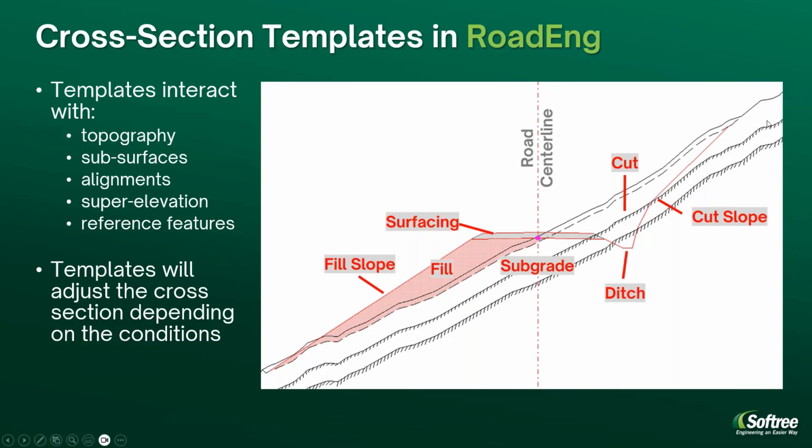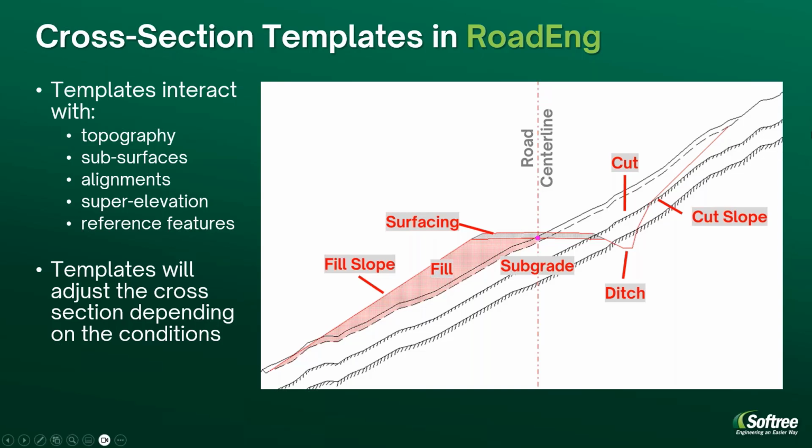And in this particular picture we've got up here, we actually have a few different subsurface layers. These are different materials. And this cross-section template can be set up to adjust how it appears; the slopes, for example, are going to adjust depending on the materials they're in. So these templates are really smart in terms of how they're interacting, and they're going to adjust dynamically once you've got that logic defined.